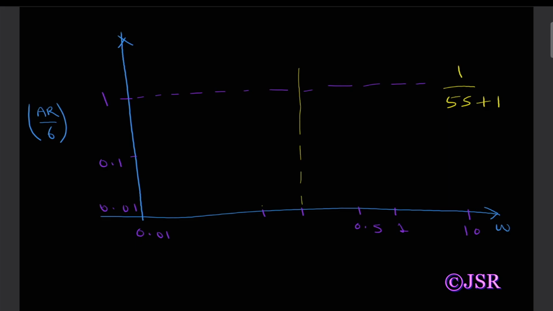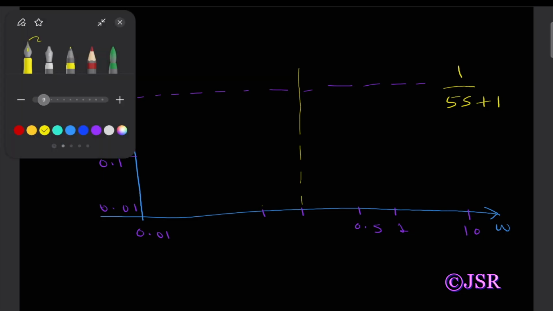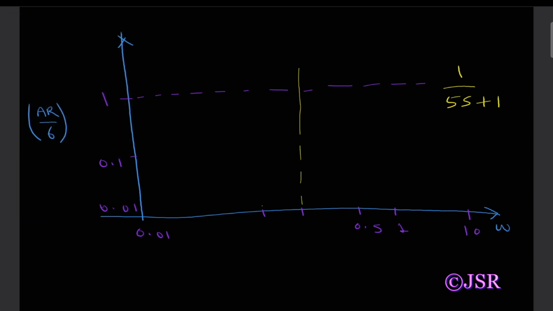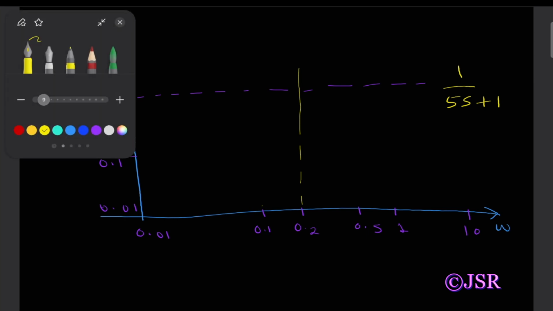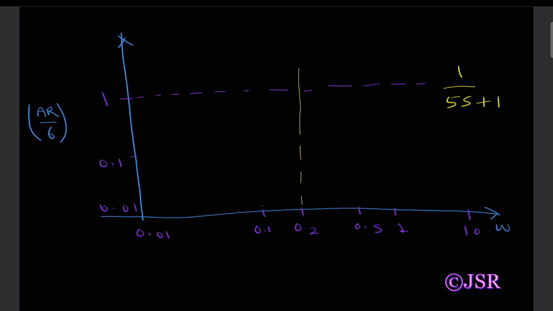So this is 0.1. So this is 0.1 and this is 0.2, and we have corner frequency at 0.2 and at 0.5.